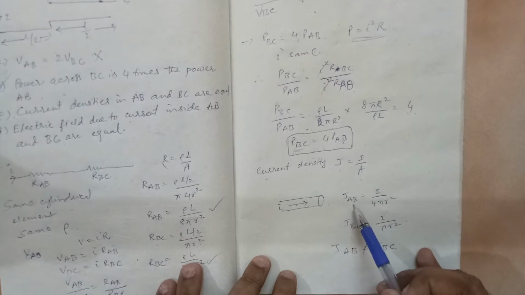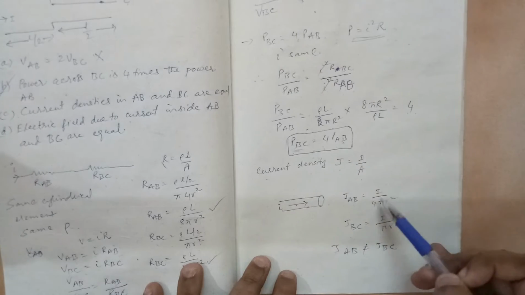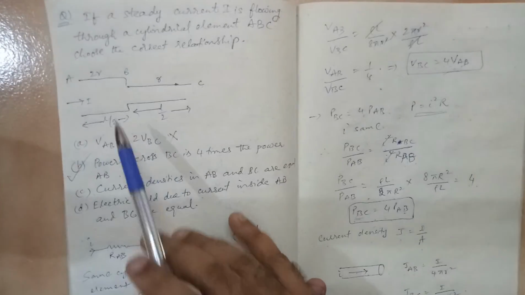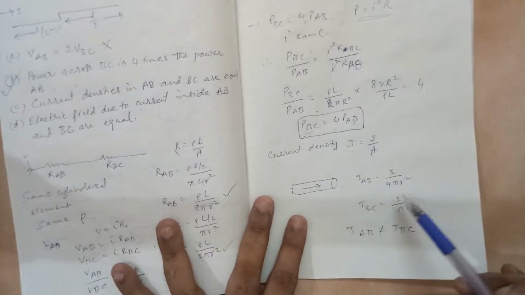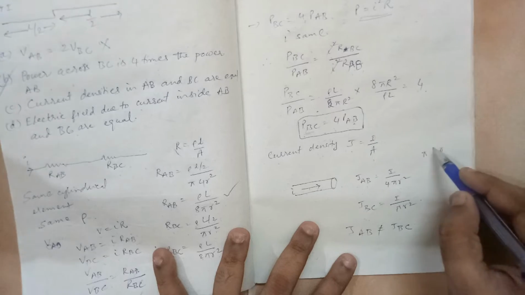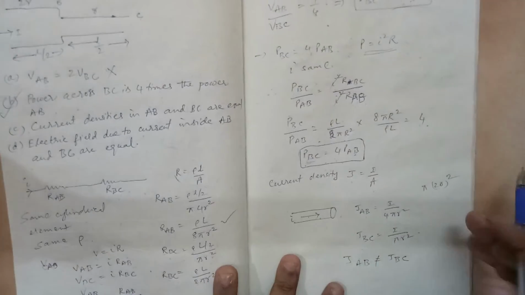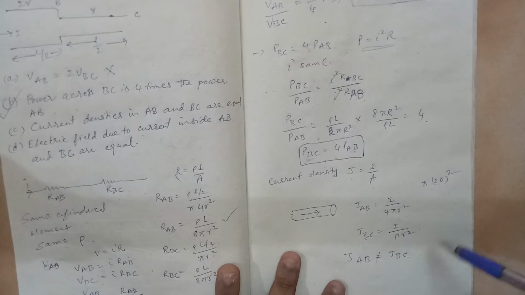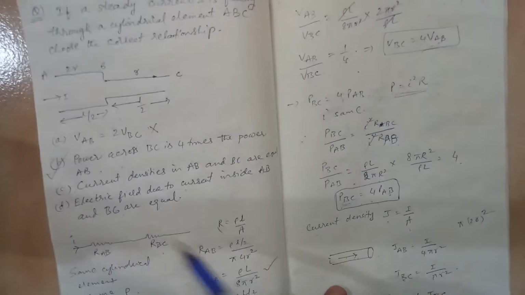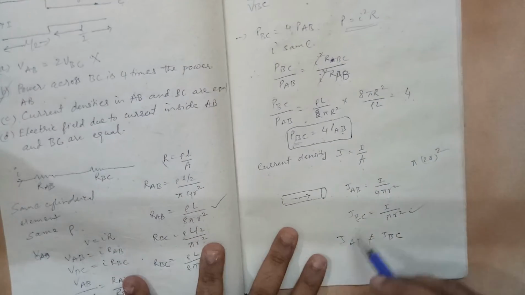So JAB is equal to I divided by area of the AB portion. You have a radius 2r, so you get pi into 2r whole square, which is 4 pi r square. Similarly, JBC is equal to I divided by area of the BC part, which has radius r, so the area will be pi r square.